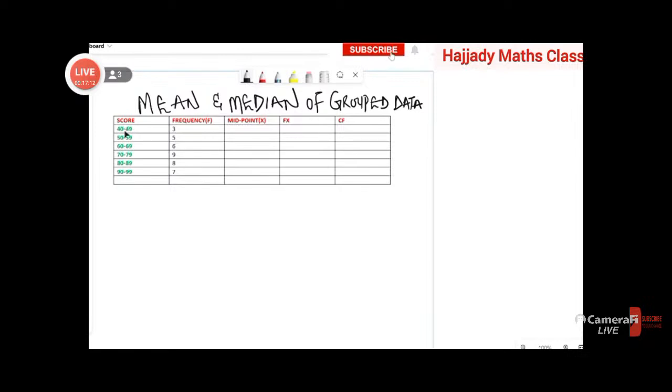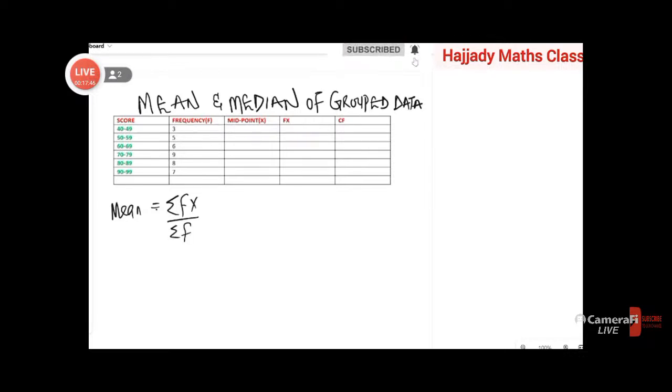Now, looking at the question given to us here, we have these observations being grouped as shown here, and we have the frequency for each of them. What we are expected to do is to calculate the mean, and don't forget from the definition that the formula for calculating the mean is the summation of fx over summation f.